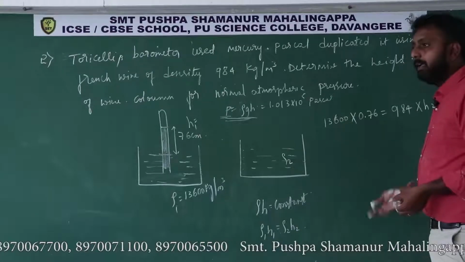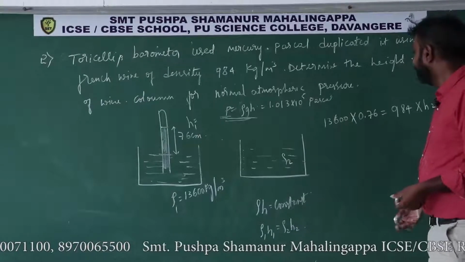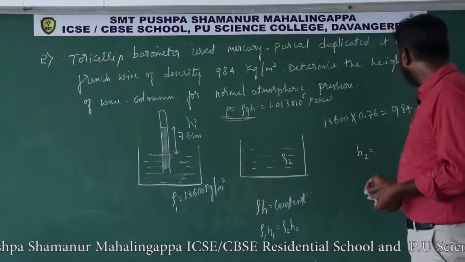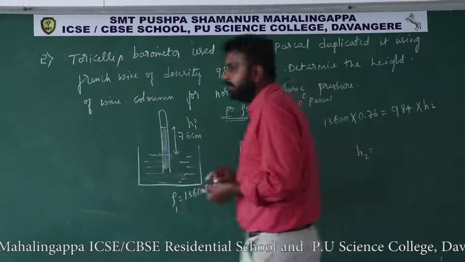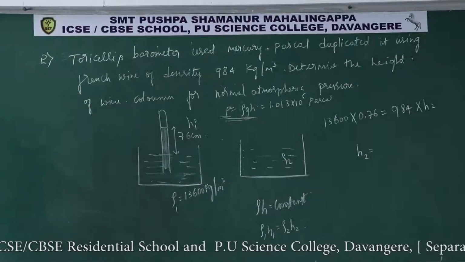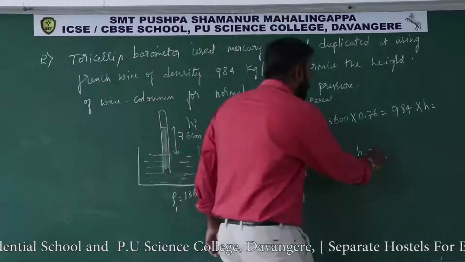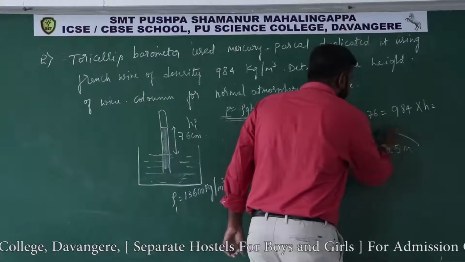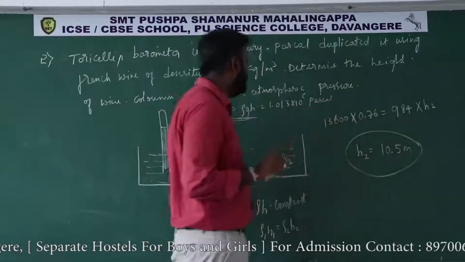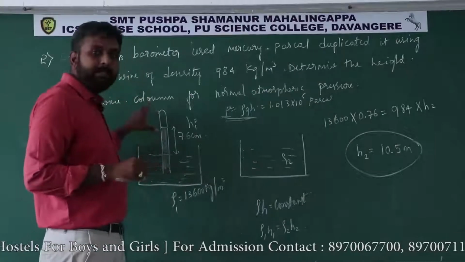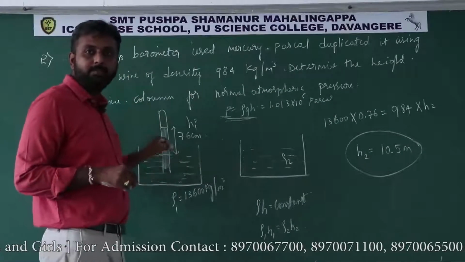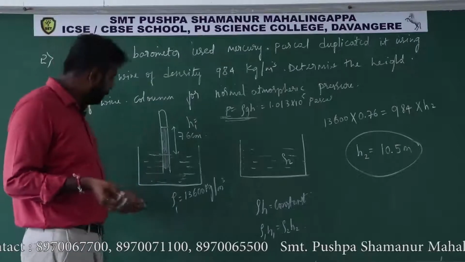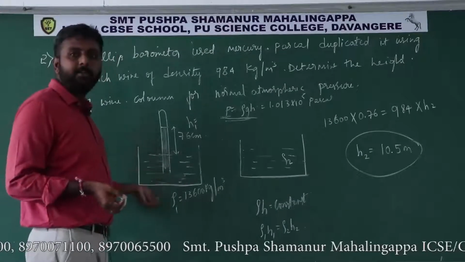So to find the atmospheric pressure, if you calculate the value of h2, you will get approximately 10.5 meter. That means if we have a 1 meter glass tube, that is sufficient to measure the atmospheric pressure by using mercury liquid.